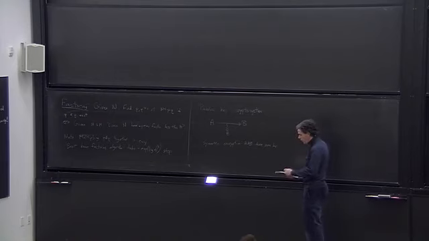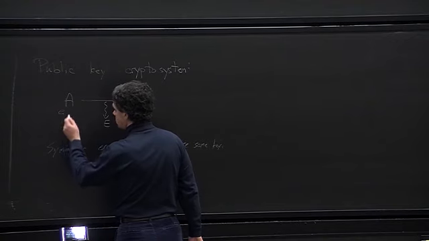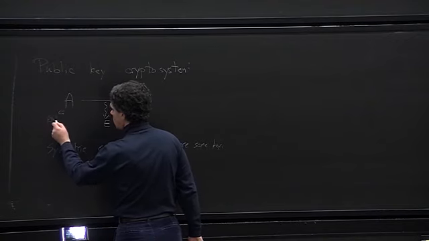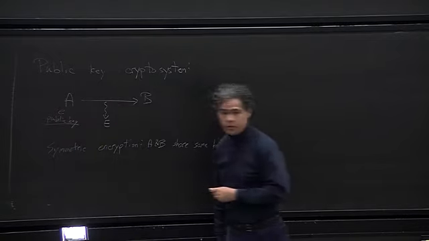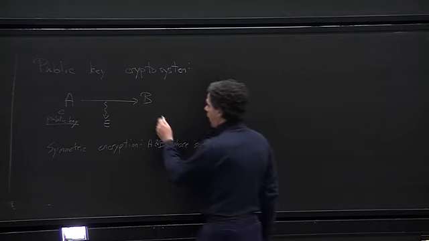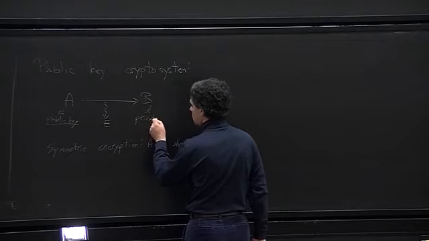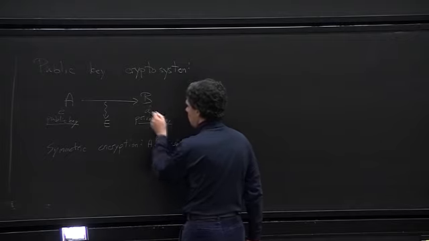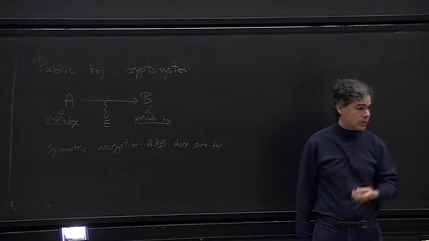And the idea in a public key crypto system is that there's a public key that Alice has that she's using to send the message, and a private key that Bob has that he's using to decrypt the message.